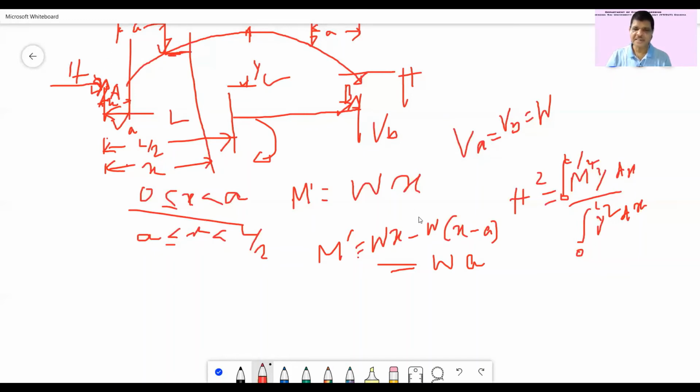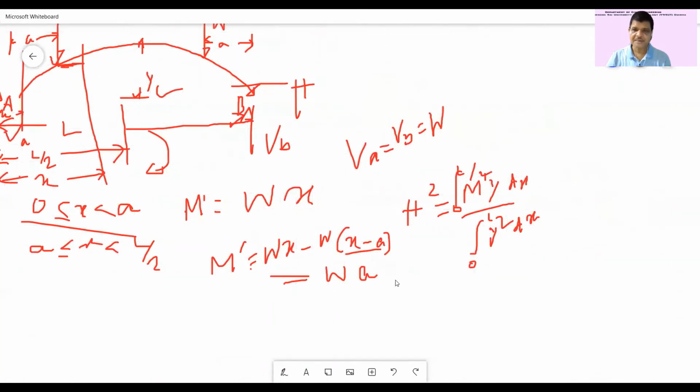So x minus a is the distance between the vertical load applied and the section where you find the bending moment. Once you find these two equations, now you have to integrate M dash y dx. So how to do the integration now? Let us go for the integration part.